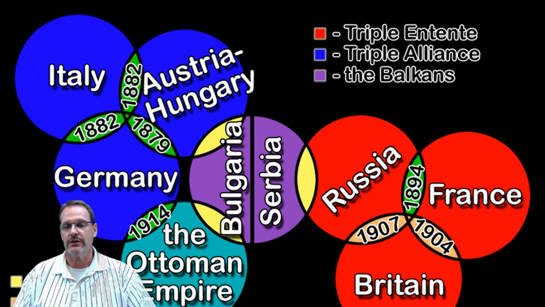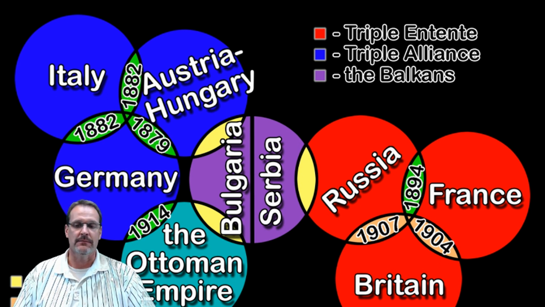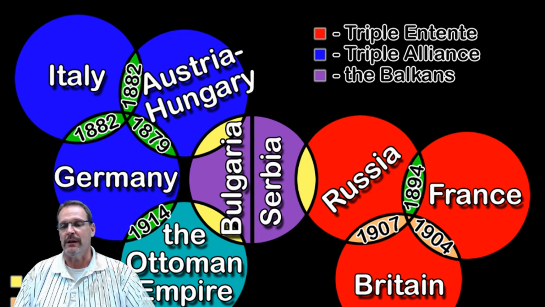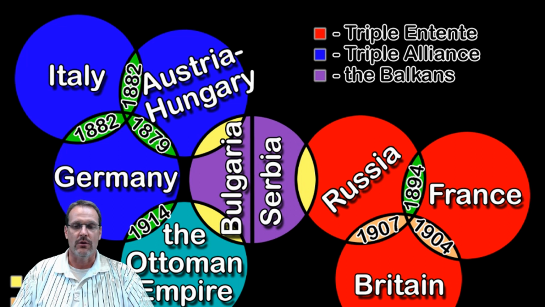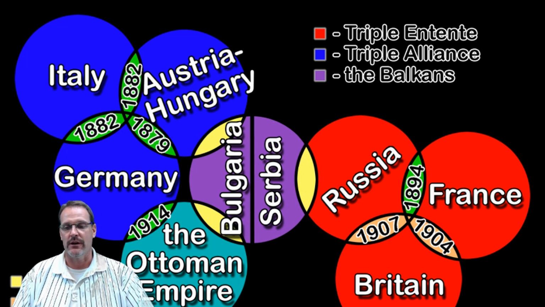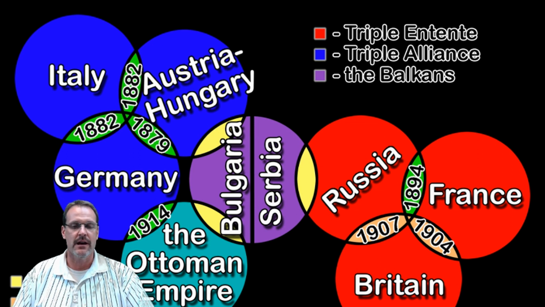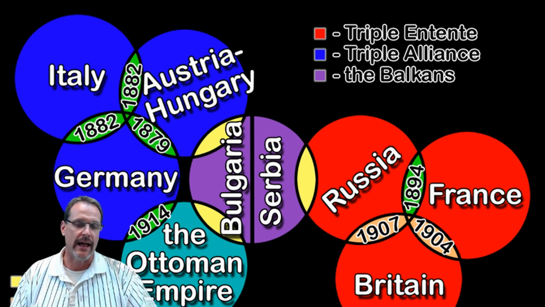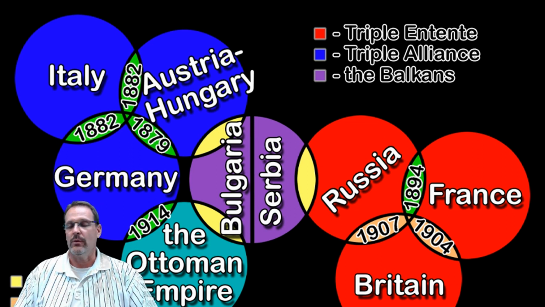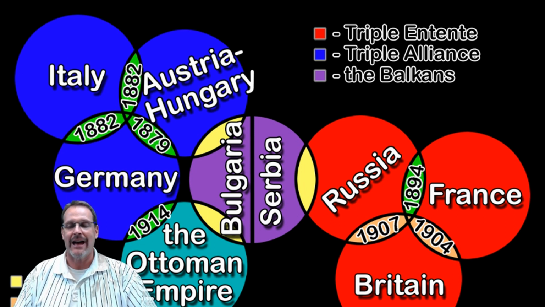Since Russia, France, and Britain aligned themselves, Russia being on one side of Germany and France being on the other side of Germany, Germany then had to ally itself with Austria-Hungary, of course, to balance out the power of Russia and France over them. Italy would follow suit and join what we would consider to be, these are called the Triple Alliance and the Triple Entente, but I called them during class, we changed their names because they added nations to their alliances.